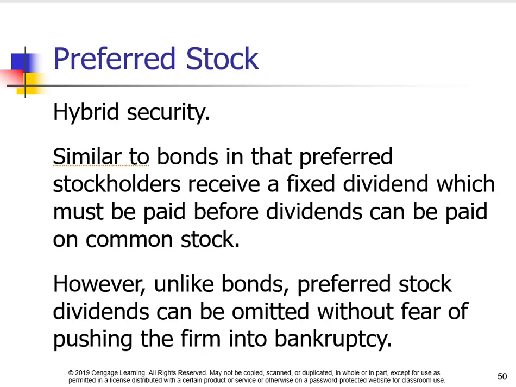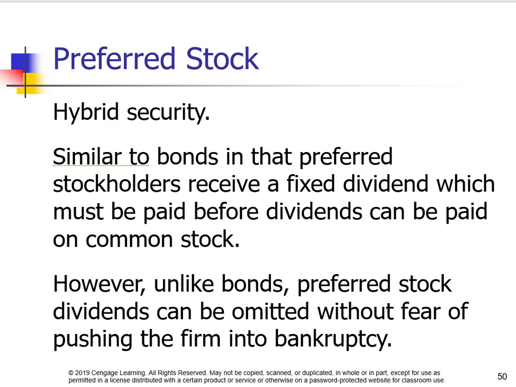They have a fixed payout, a dividend, and it has to be paid before the common stock. So in the end, it is less risky than the common stock. But unlike bonds, companies don't have to pay the dividends if they don't want to. So there are some aspects that are less risky, and some aspects that are more risky.